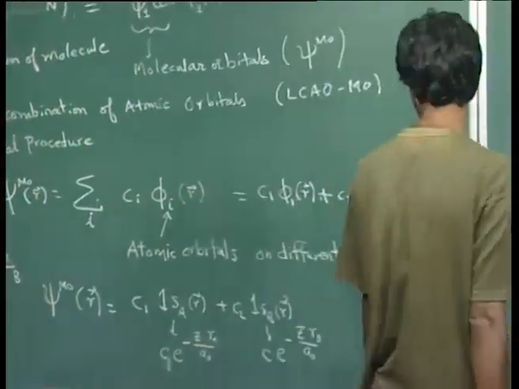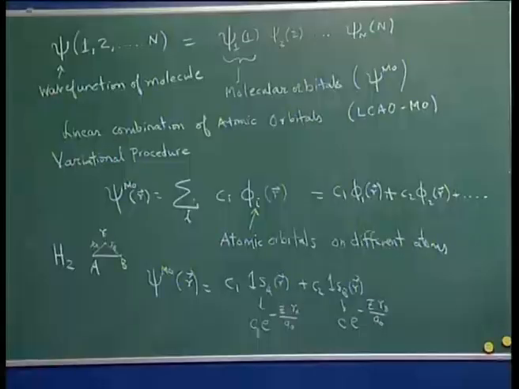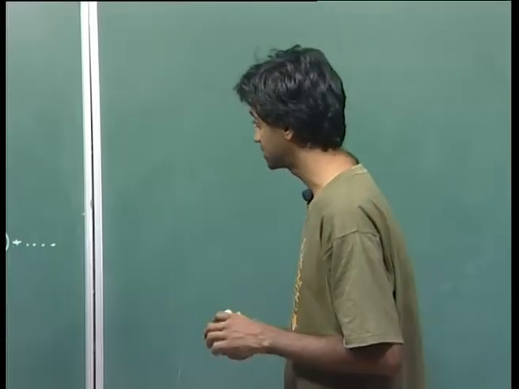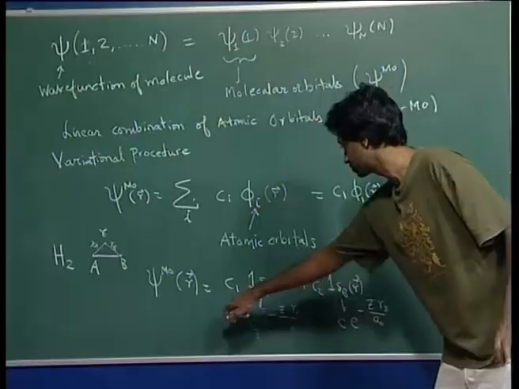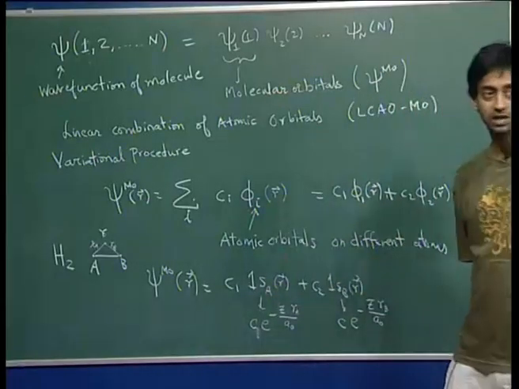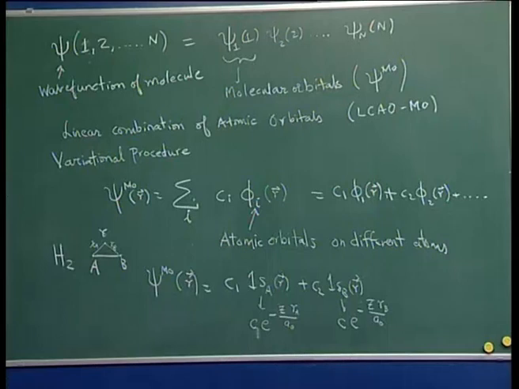Okay. So this is a general linear combination of atomic orbitals procedure. Now the question is, how do you calculate your C1 and C2? What is the choice of C1 and C2 that you should take? And the choice of C1 and C2 is given by something called a variational procedure.